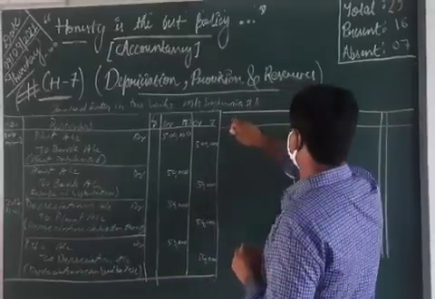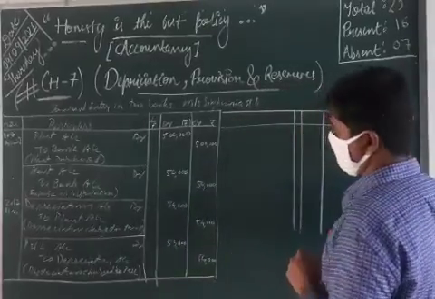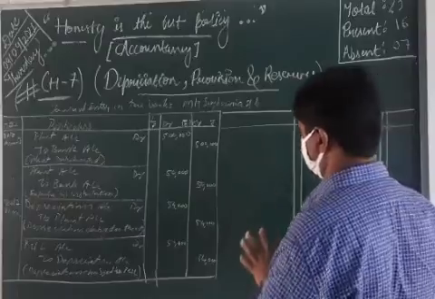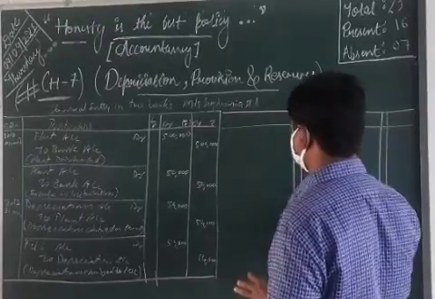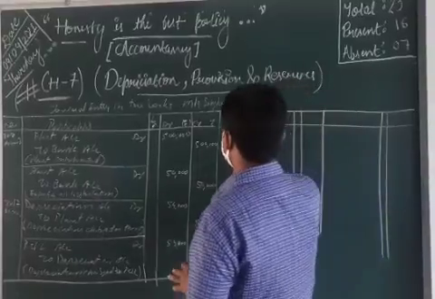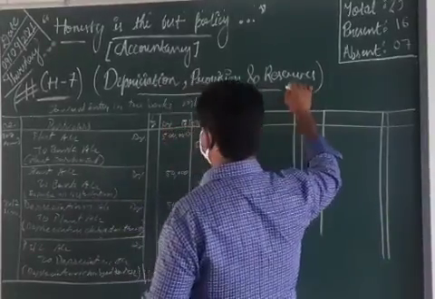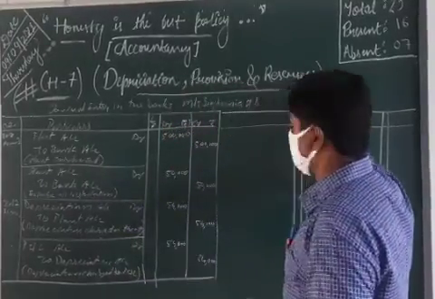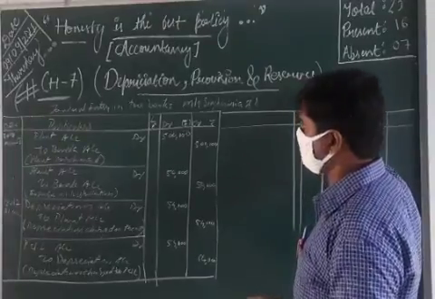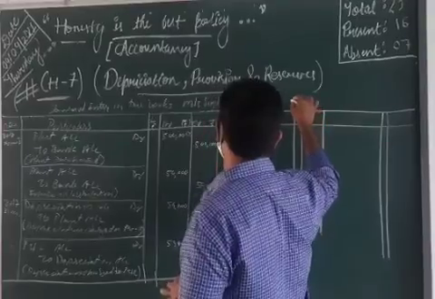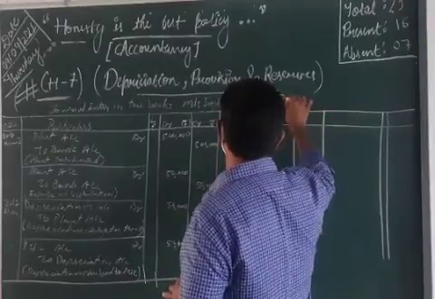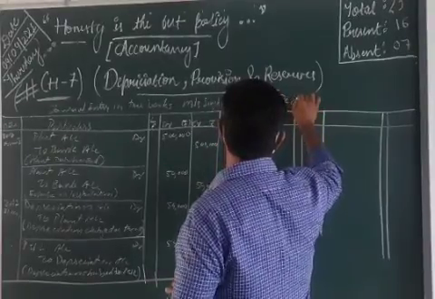Here you know that the date column and all is required, but due to insufficient dates I don't know. When you are writing here date column and here also date column is required. And this side we will write as a depreciation account in the books of the company, that also I am not writing. Here I just write as a depreciation.